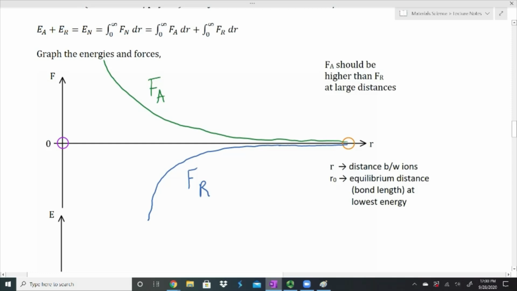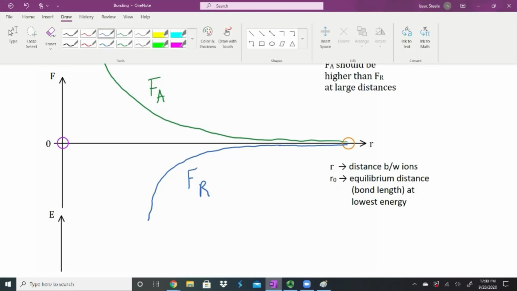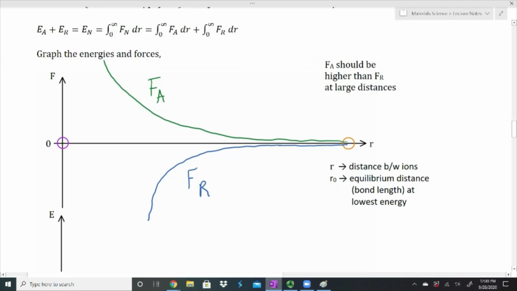Now what we want to do is look at our net force here. And so we're going to sum these together. And all we're going to do to sum these together is take every single point at R, sum these two together, and put a new point in here, and we're going to see what happens. And we're going to end up with something that looks kind of like this.